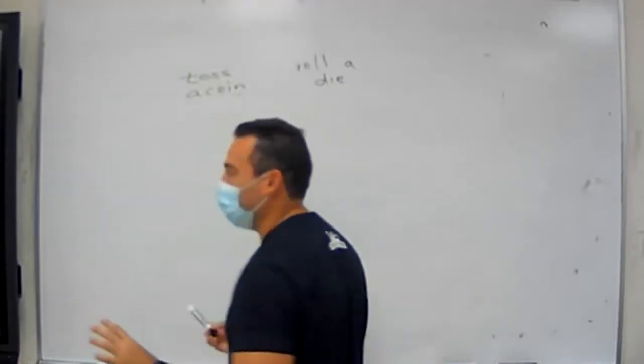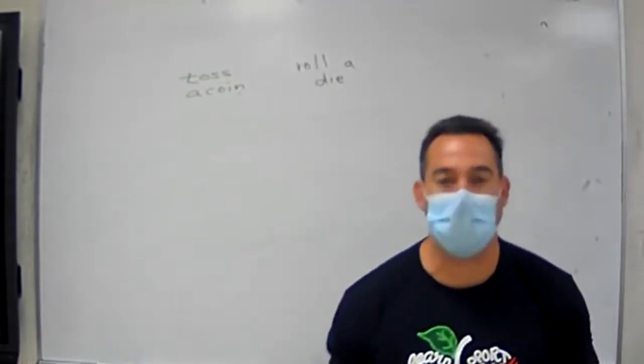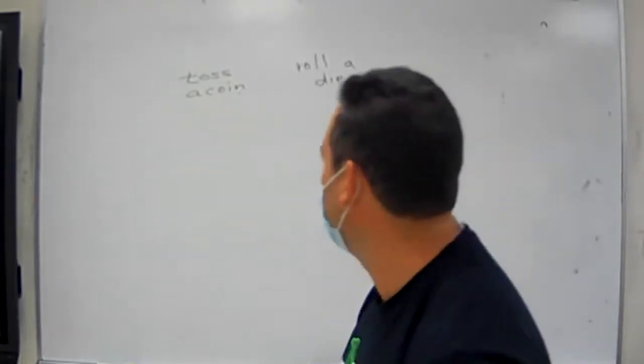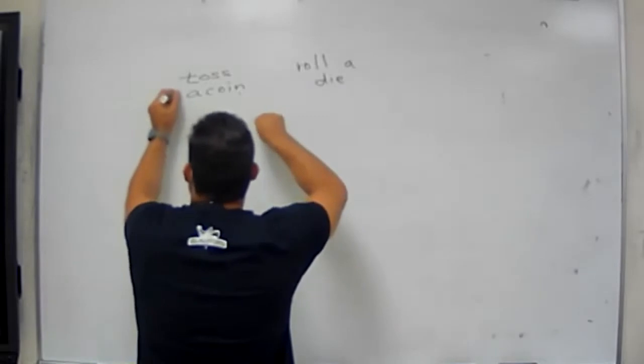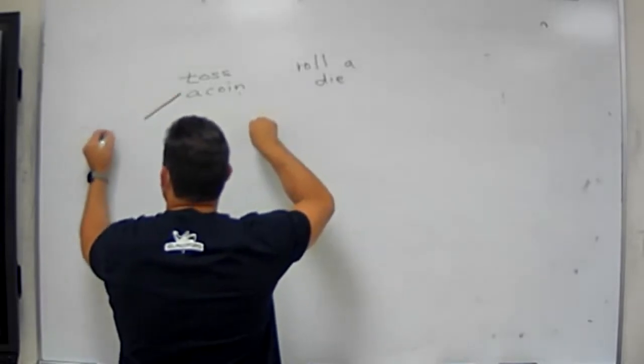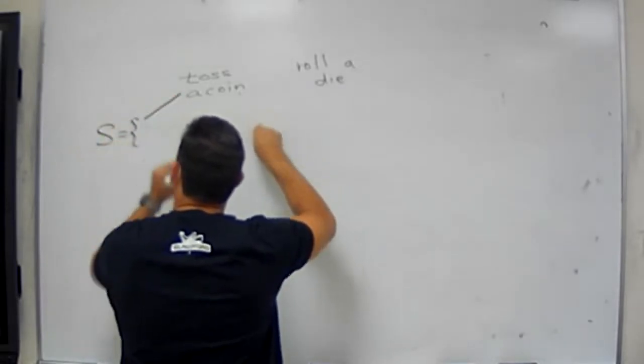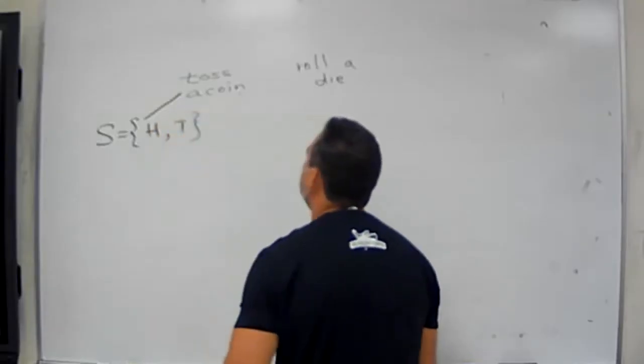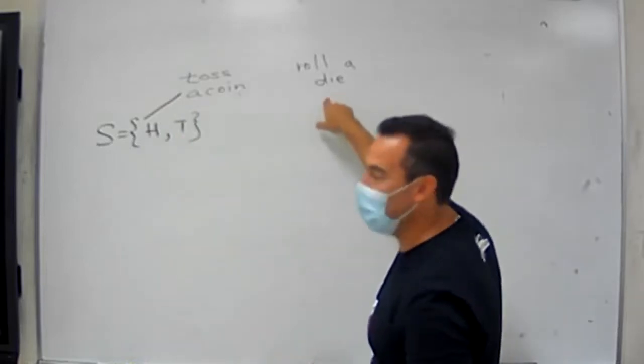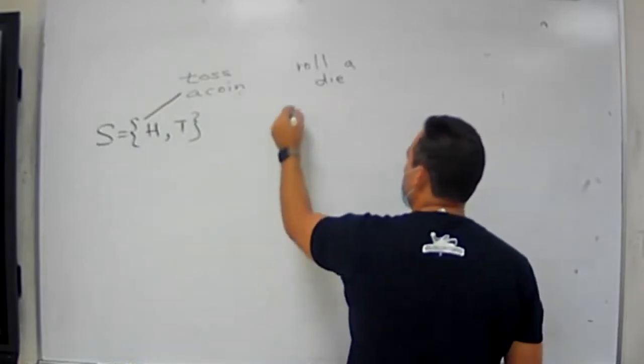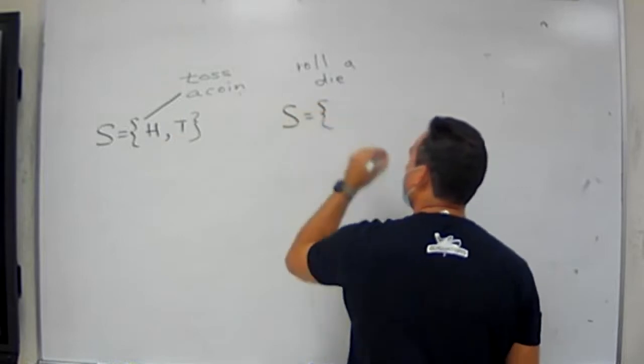So let's talk about the sample space for each one of these individually. If you just toss the coin, what is the sample space? Heads and tails, right. If you roll a die, what's the sample space? 1, 2, 3, 4, 5, 6.